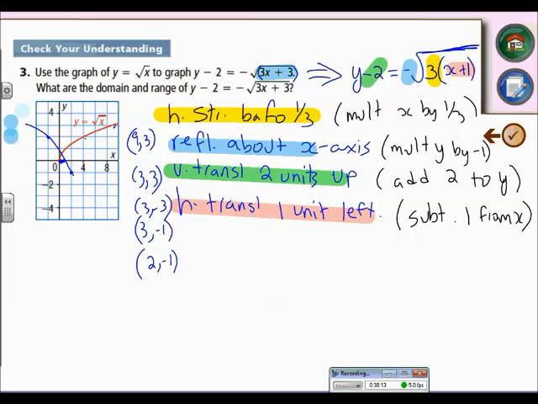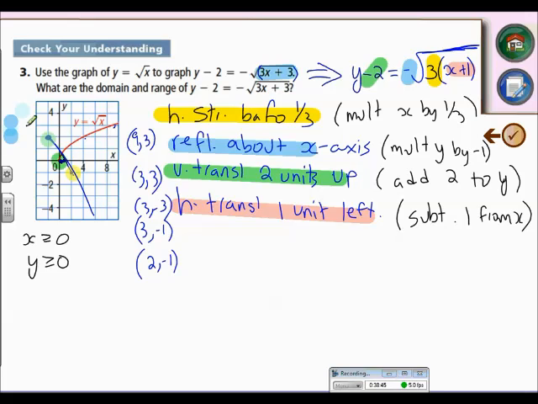Original domain was x is greater than or equal to 0, y is greater than or equal to 0. Now we've got our new point that we start at right down over there. Oops, I just noticed a mistake here. That shouldn't have been drawn there. Sorry, that should have been drawn like that. That's where our original point went to.